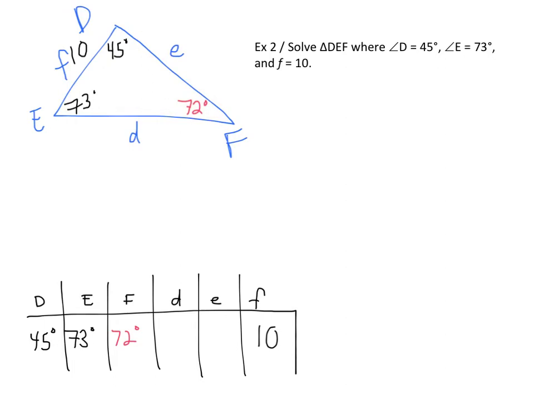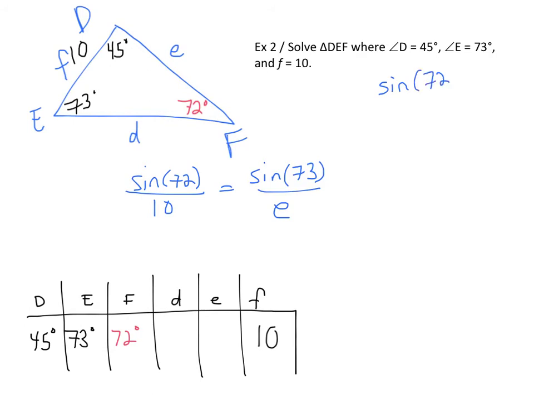We're going to essentially say the sine of 72 degrees over 10, that's going to equal the sine of 73, that's angle E, and corresponding side E. We can also say, notice how again we're going to use the sine of 72 over 10. We can also figure out how big side D is as well. We'll find the sine of 45, and we can figure out how big side D is.